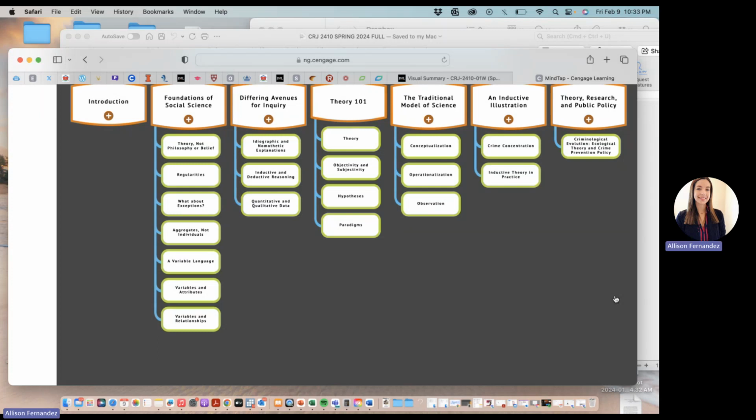So an attribute would be something like if you're married, divorced, widowed, versus employment status. Employment status could be you're unemployed, employed part-time, employed full-time.